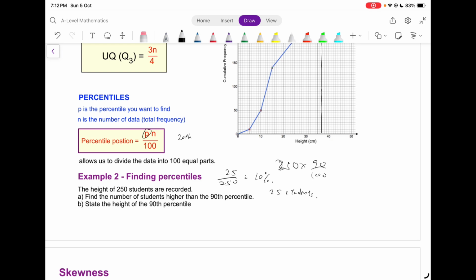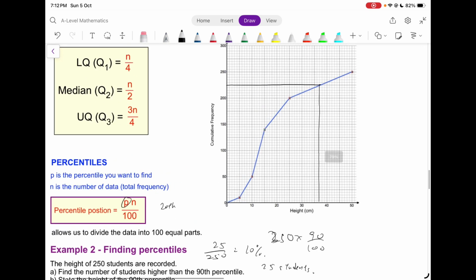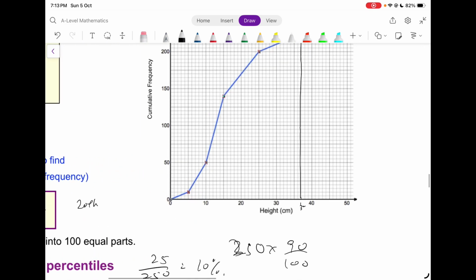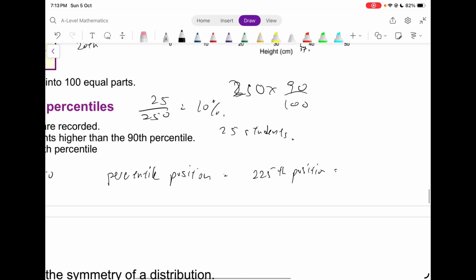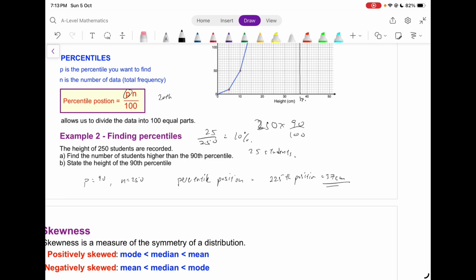We know P equals 90 and N equals 250. Using the formula, the percentile position is at the 225th position, which I just drew the line for, and it's at 37, so that will be 37 cm. Simply put, we need to find the corresponding height in this case.